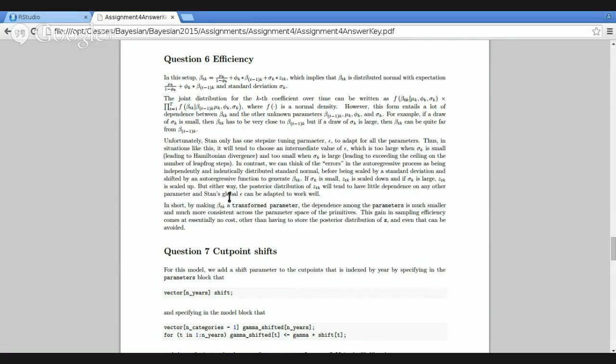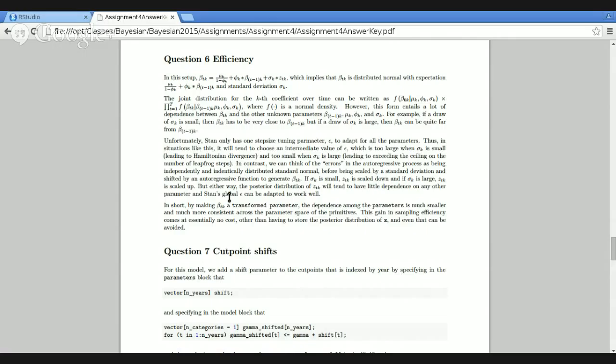Unfortunately, what tends to happen in practice, where sigma is not estimated too precisely, is that it'll use a middle value of the step size. That middle value is too big for the region of the parameter space where sigma is small, and you get Hamiltonian divergence, and it is too small for maybe the bulk of the posterior distribution, so you make very small steps, maybe run into the ceiling on the number of leapfrog steps, etc.